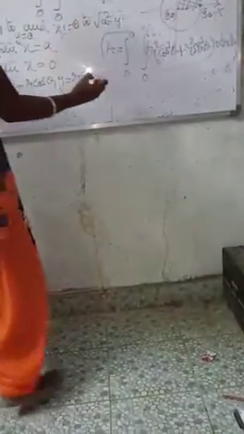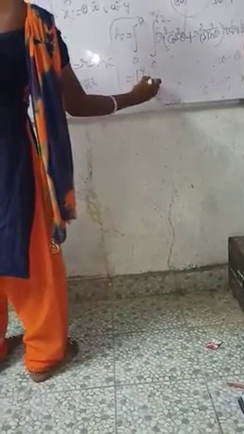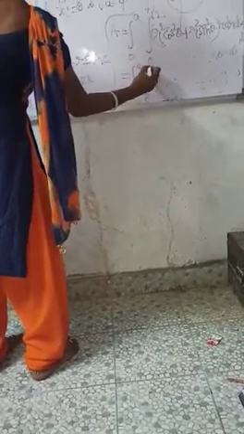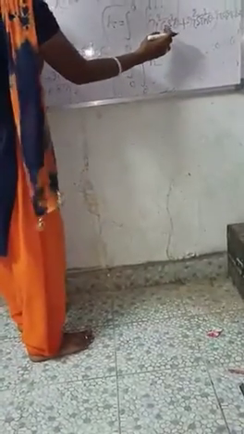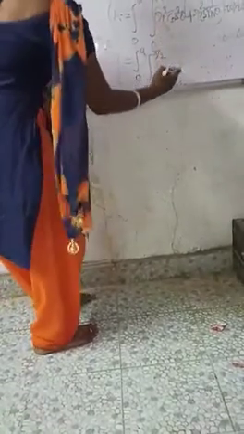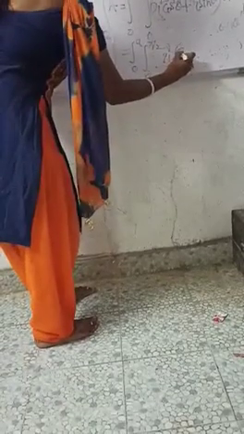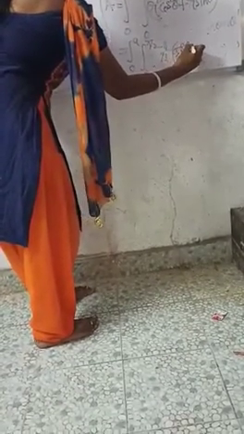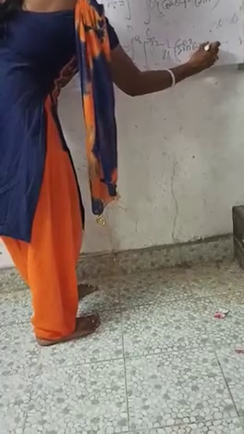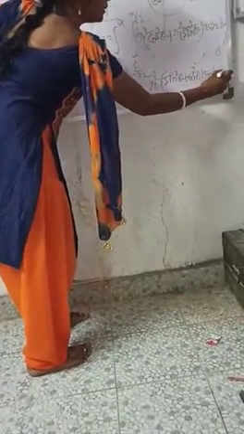Next, integral of 0 to a, again integral of 0 to pi by 2. In both terms r square is there, so remove the common r square: r square into sin square theta plus cos square theta, into r dr d theta.